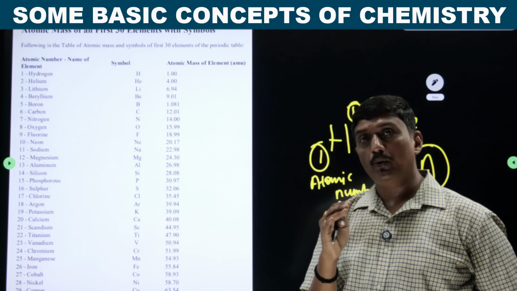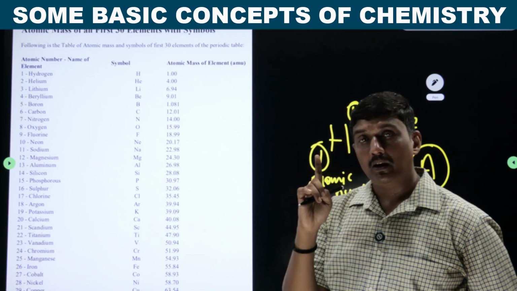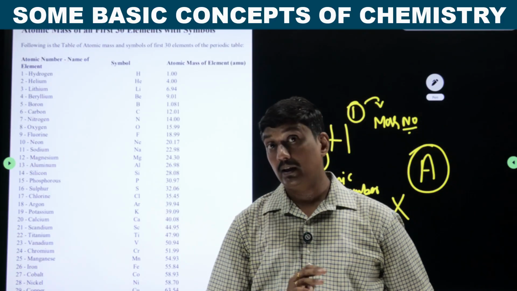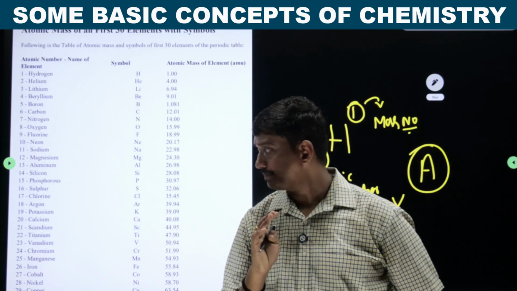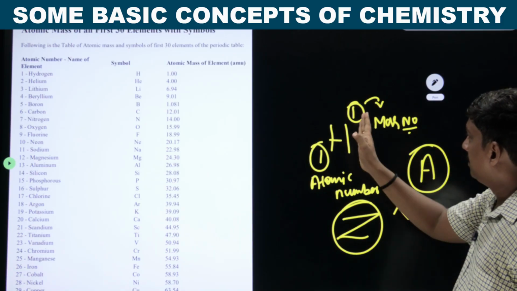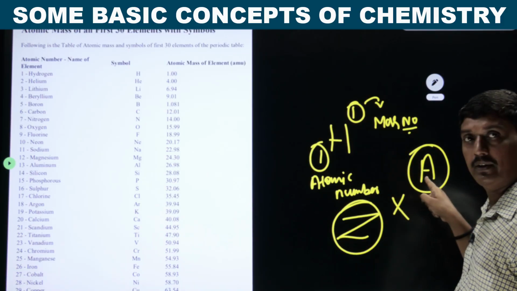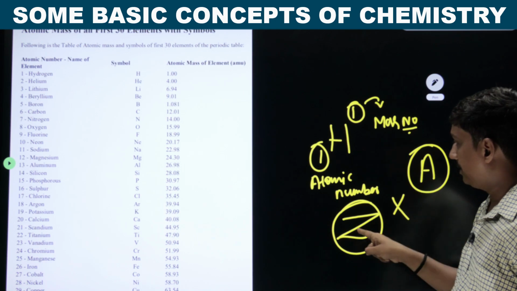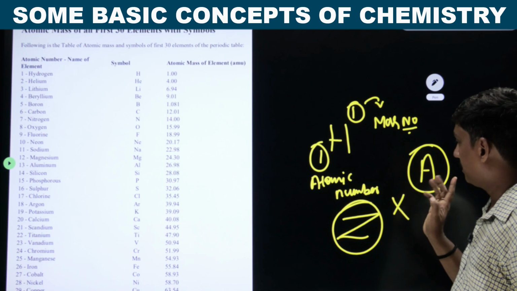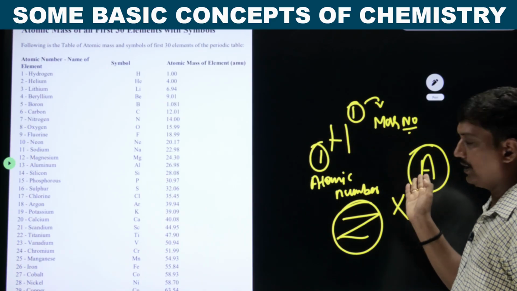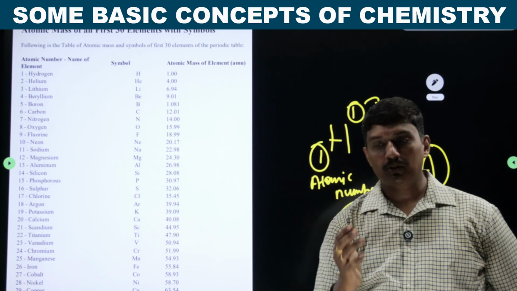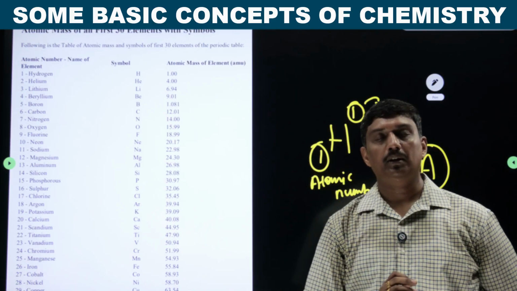N. If you know the mass number, atomic number and symbol, it is very easy to learn chemistry. This is a symbolic representation: A is the mass number, Z is the atomic number, and X is any element of your interest. This is how an atom can be represented.